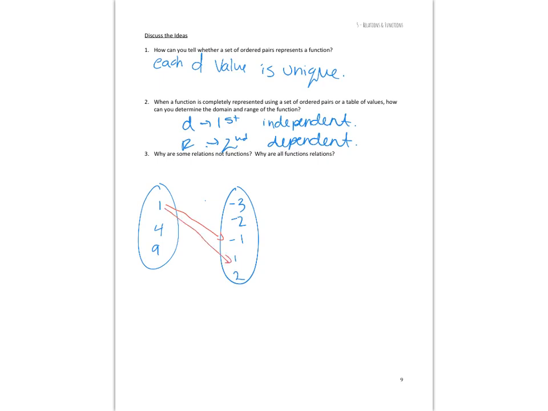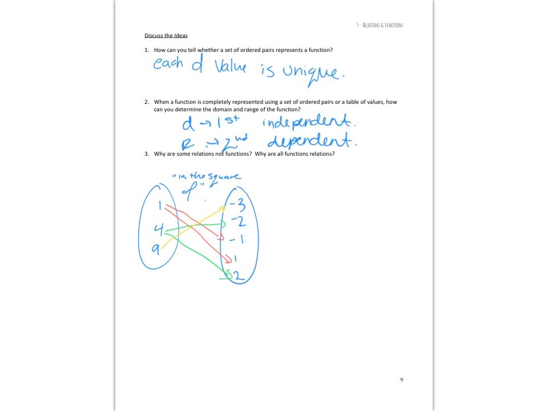And the square root of 4 could be -2 or +2. In this set, I only have -3 for 9. So the relation is "the square of." And again, the fact that 1 and 4 have two different range values each makes this not a function.